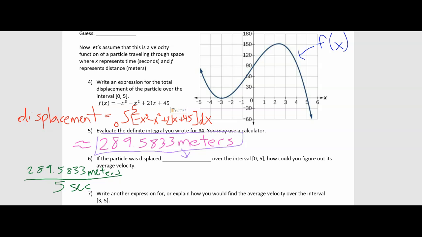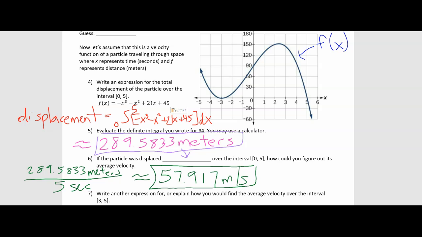So if we perform that arithmetic, this time we'll round to 3 decimal places, we get 57.917 meters per second. And that makes sense. We should get meters per second because we were trying to find the average value of the velocity function, and those would be the units for the velocity function.